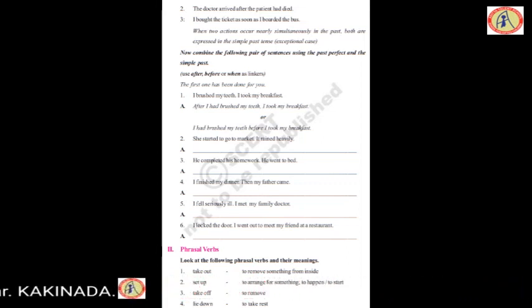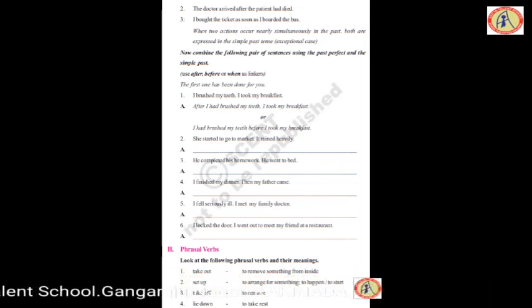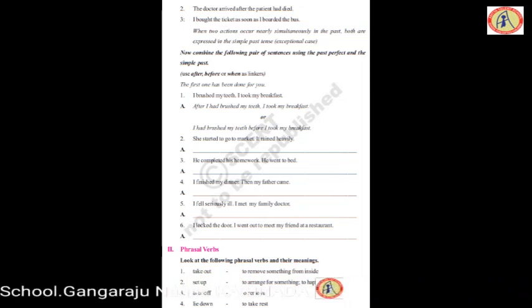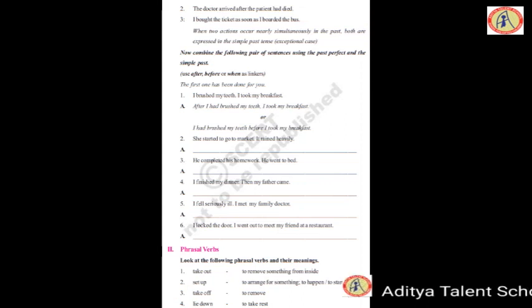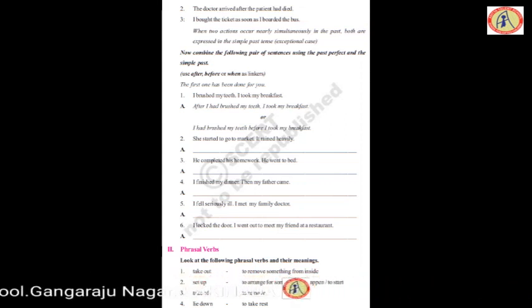The reason is when two actions occur nearly simultaneously in the past, both are expressed in simple past tense. I bought the ticket. I boarded the bus. The two actions happened one after the other. So when two actions happen simultaneously, you can write the statement in simple past tense, or you can also state it in past perfect; that is optional to you.